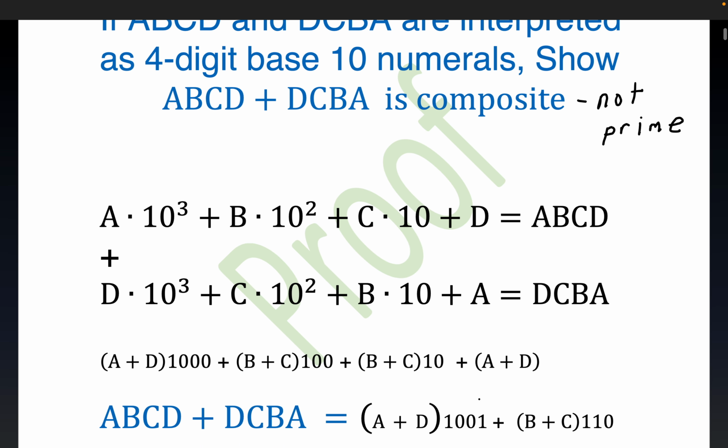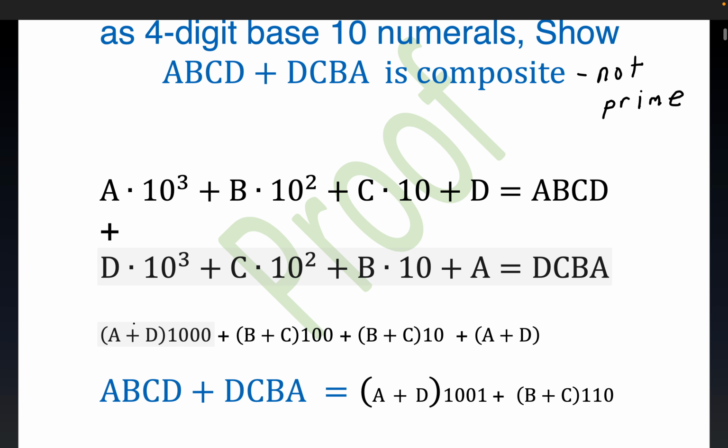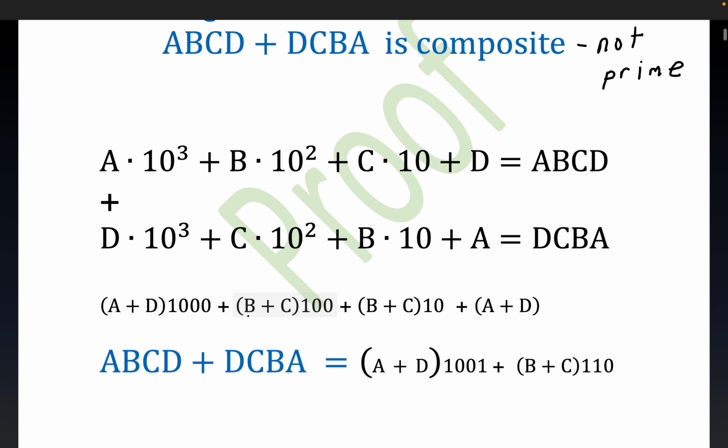Now, when you sum those things up, both A and D have a coefficient of 1,000. And then so on. This is just the algebra associated with this. And notice here that 1,000, and there's a 1 understood right here. So you have A plus D times 1,001.